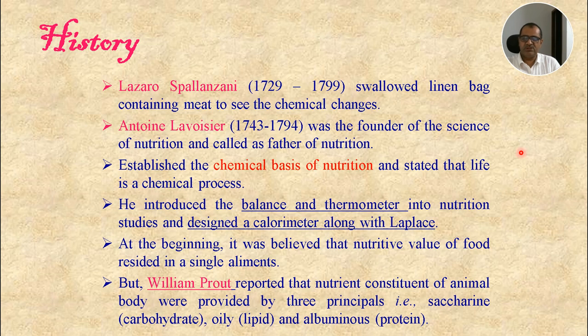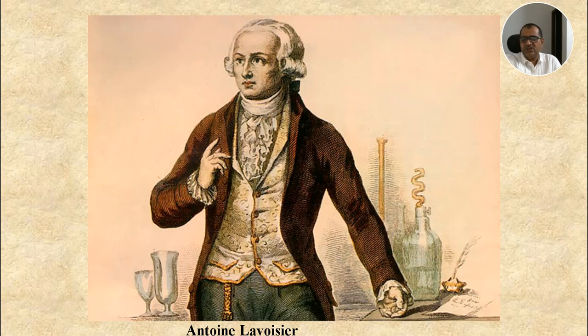These three were compounded by William Prout. So we can remember three persons: Lazzaro Spallanzani, Antony Lavoisier, the father of nutrition, and William Prout. This is the photo of Antony Lavoisier, the father of nutrition. Please remember this photo; he is also the father of animal nutrition.